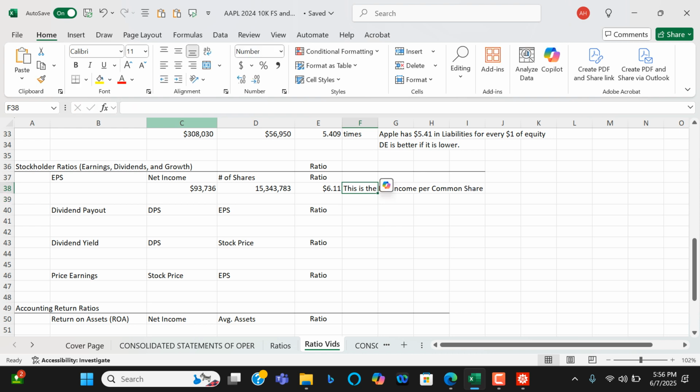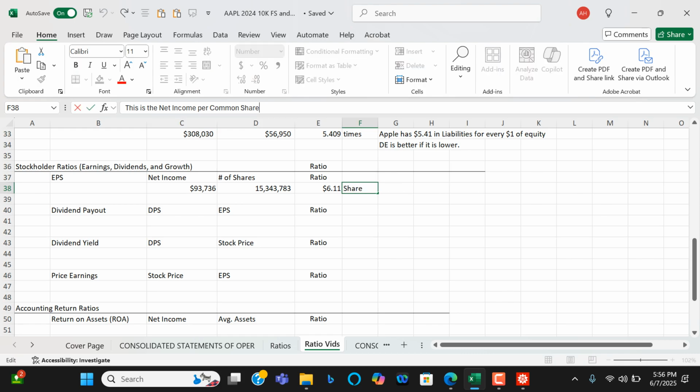Common shares are the real shareholders. And keep in mind, I'm going to put here, multiplied by 1,000, since dollars are in millions and shares are in thousands.